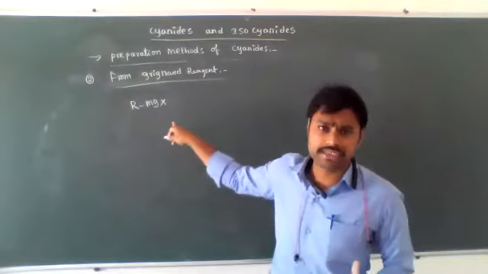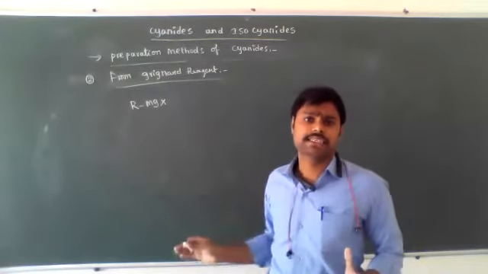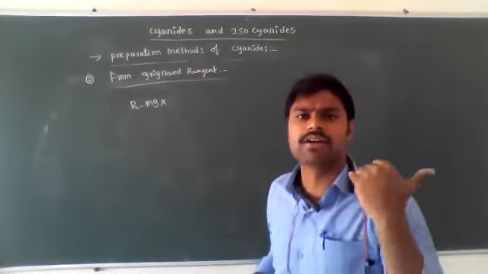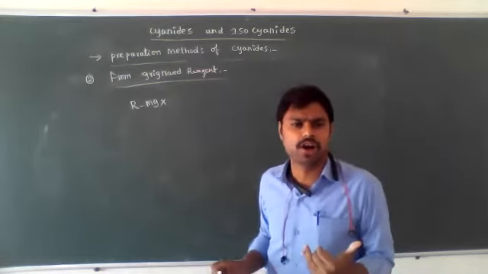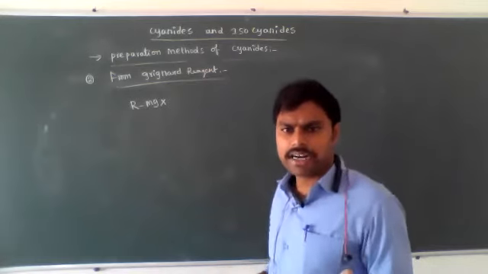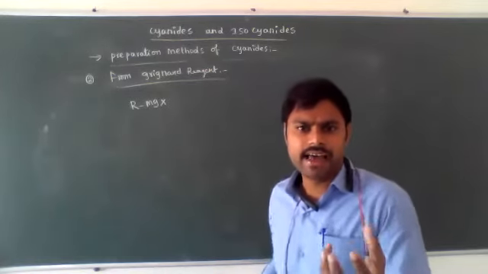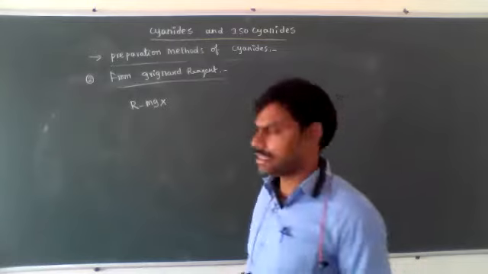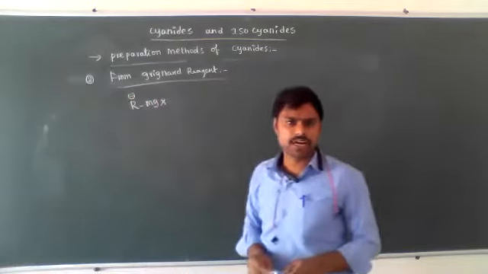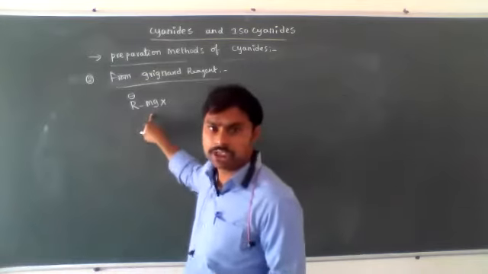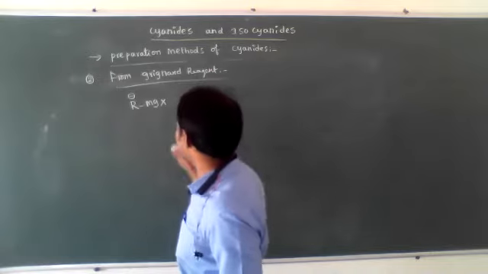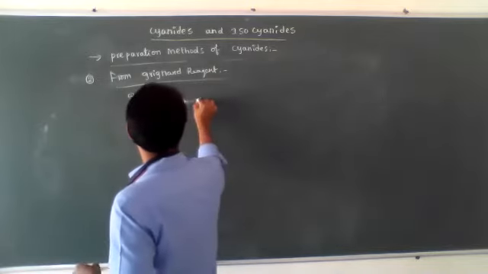This alkyl group is directly attached to the metal. That's why the Grignard reagent belongs to organometallic compounds. So the Grignard reagent acts as a nucleophile as well as a base. Here the alkyl group, carbon having negative charge and metal having positive charge, then it acts as a nucleophile. This Grignard reagent reacts with cyanogen chloride.